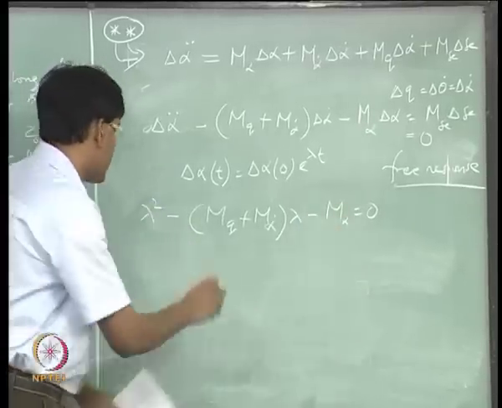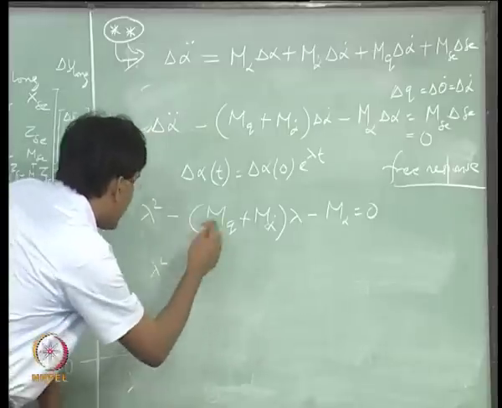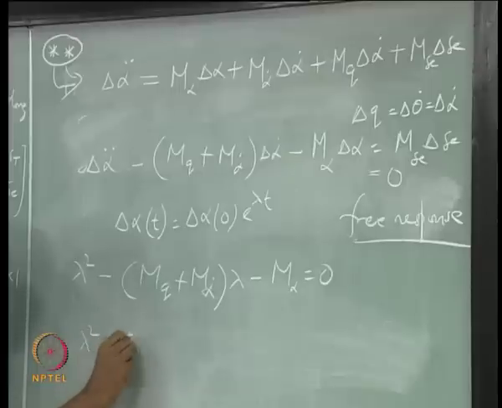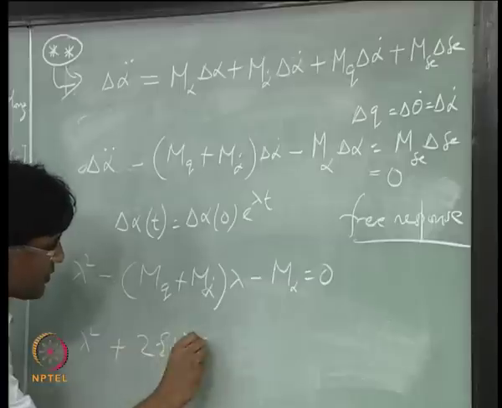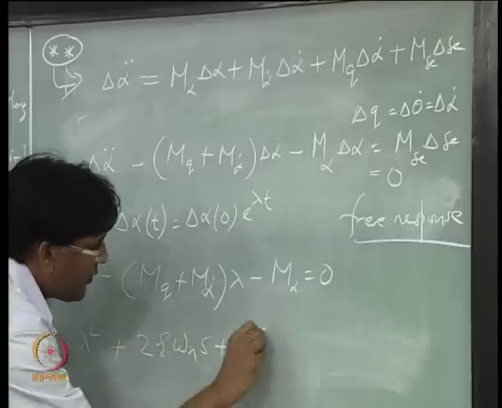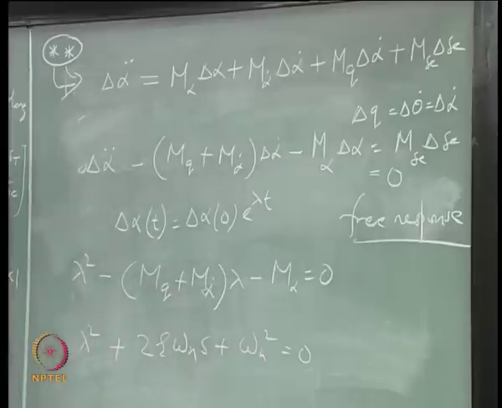You compare this with the general form of the characteristic equation for a second order system, and then you can find out the frequency and the damping parameter corresponding to the pitching motion.